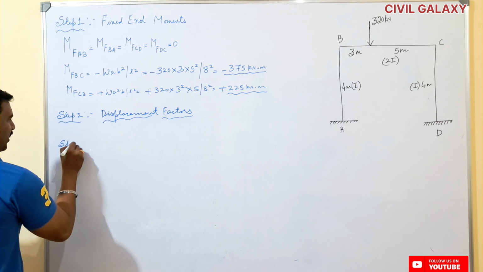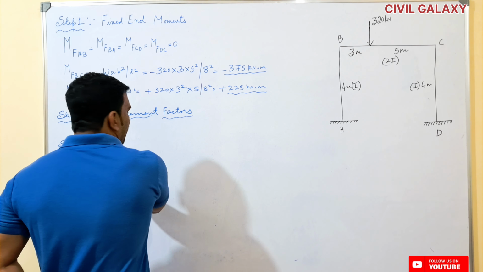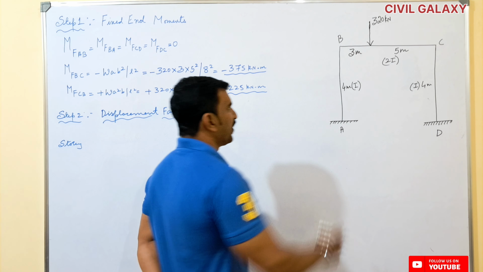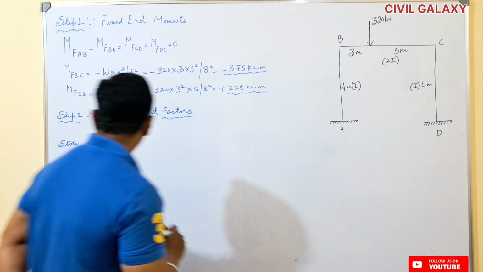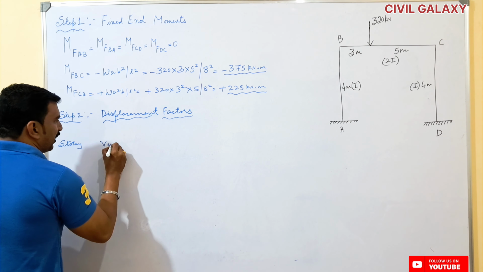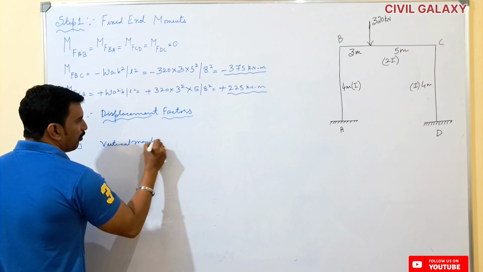So in the table, I will consider first the story. And for that particular story, we have to see how many vertical members we have. So the second column in the table, I will consider as the vertical members.